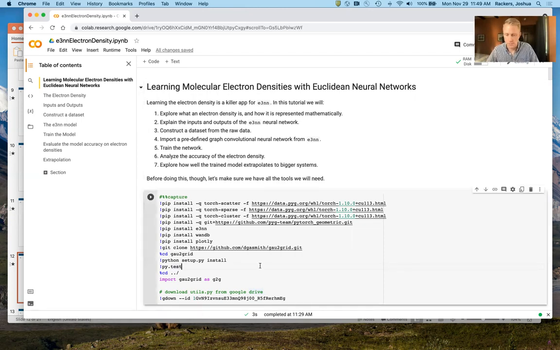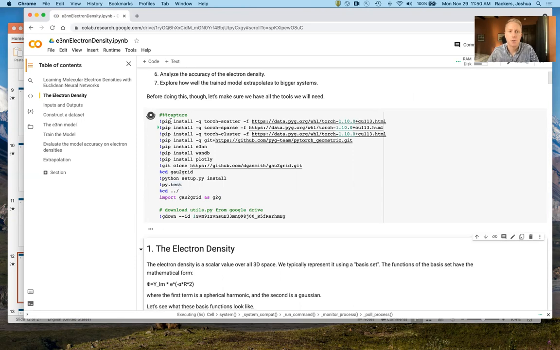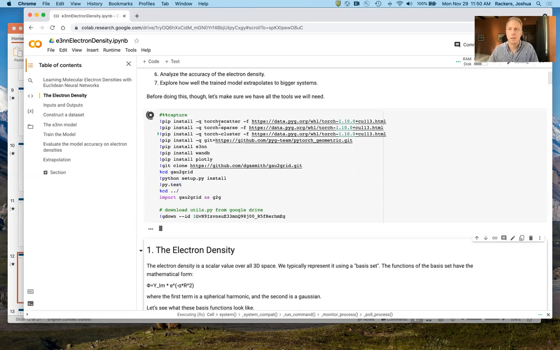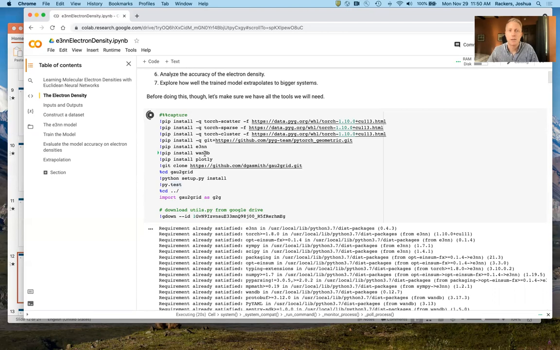So let's start with doing some imports here. We need a couple of different things, none of which are terribly important in details, but just to mention them while this is going. We need the various components of PyTorch geometric, which is essential for e3nn. We need e3nn, of course. We're going to need WANDB, which is a nice little utility for watching training whenever you're training any type of neural network.